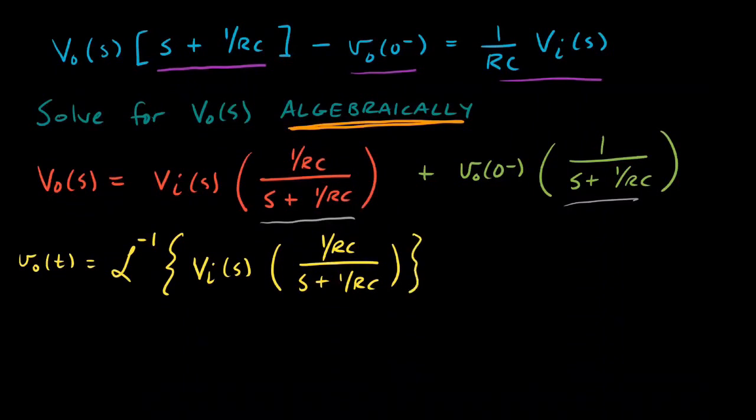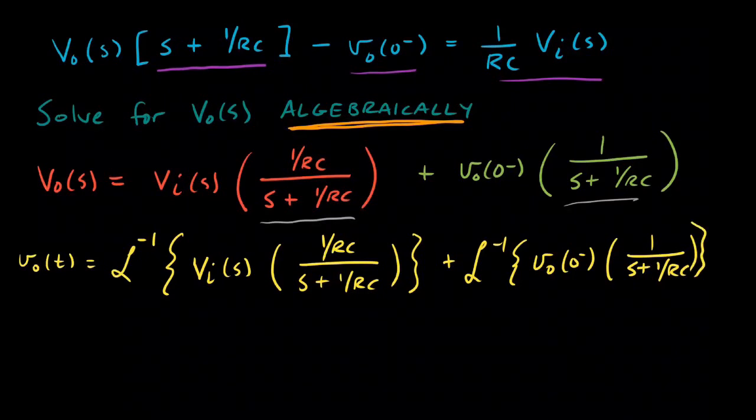All right, and then I can also say plus the inverse Laplace transform of V out of 0 minus times 1 over s plus 1 over RC.